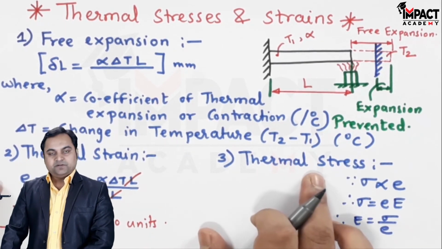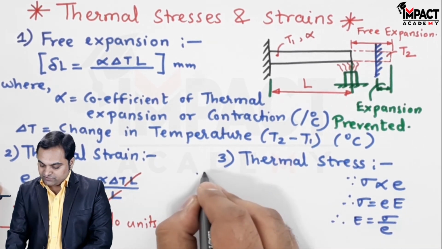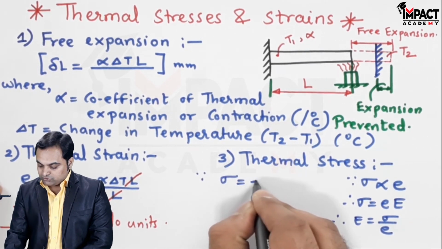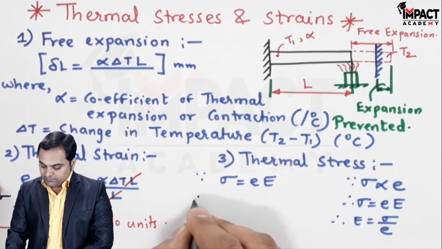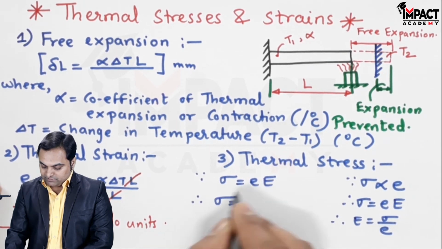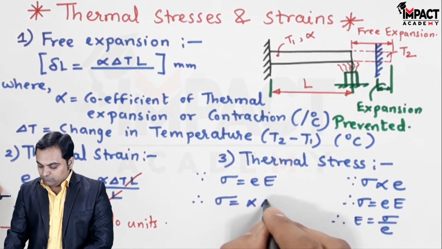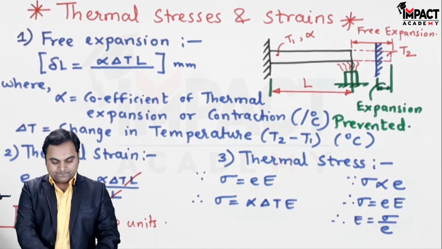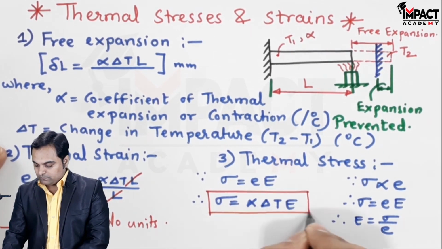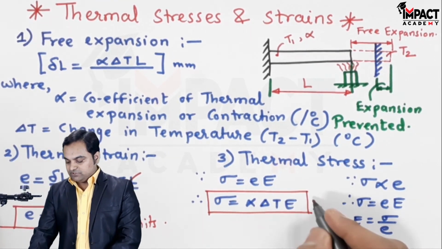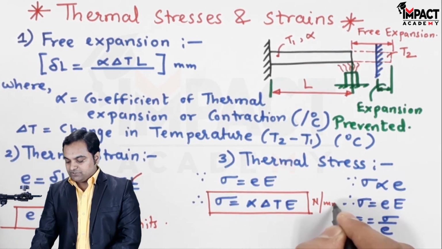So in order to get thermal stress, since stress is equal to strain into Young's modulus, and the thermal strain is alpha into delta T, this is the formula for thermal stress or temperature stress.